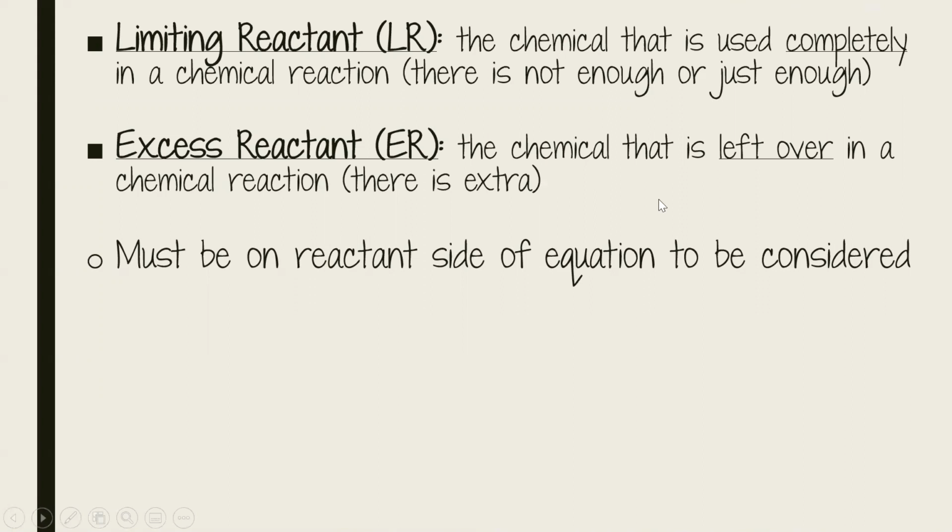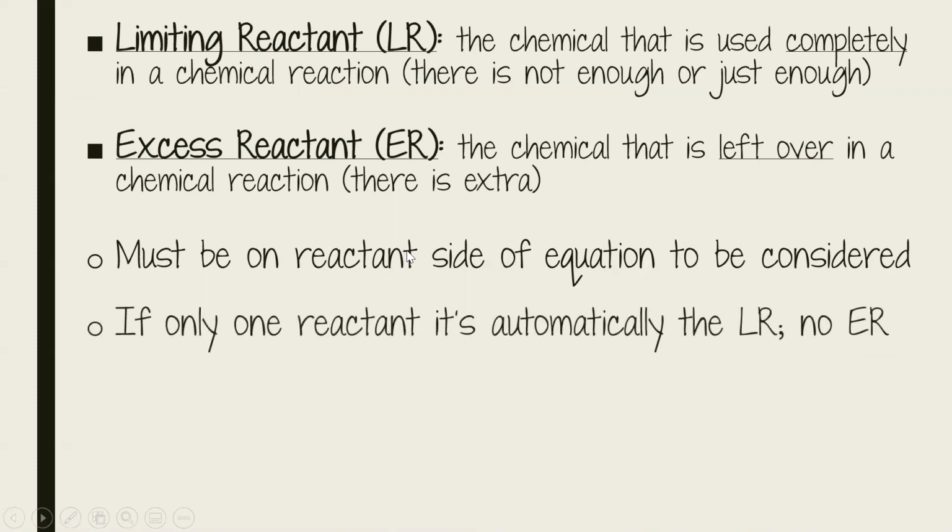Okay. So now to the third bullet point. You have to consider the reactant side of the equation. So like I said, to the left of the arrow. If there is only one reactant, it is automatically the limiting reactant and there is no excess reactant.